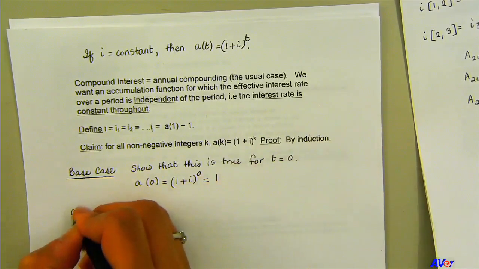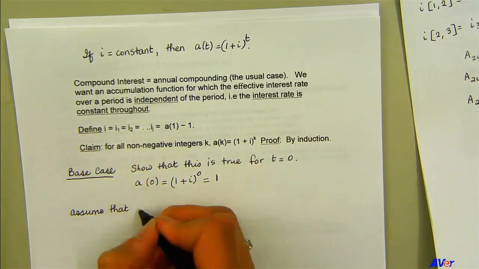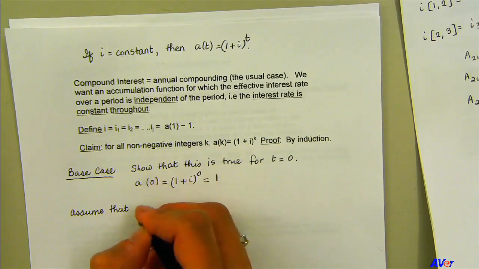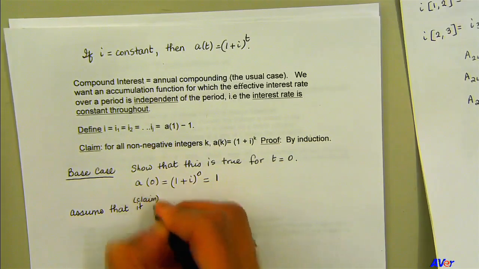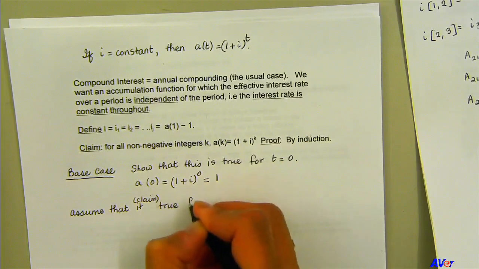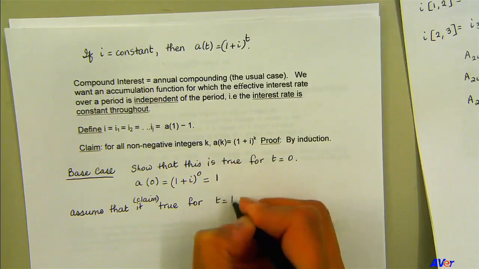Next, assume that the claim is true for t equals k.